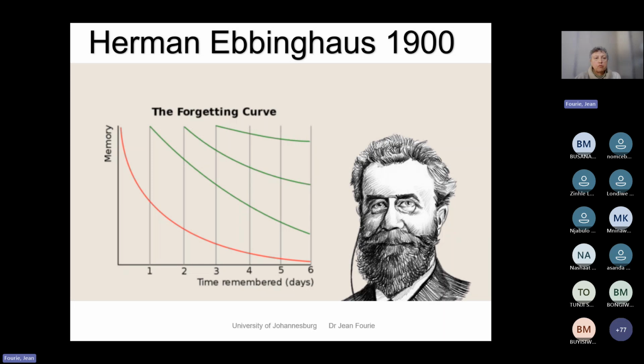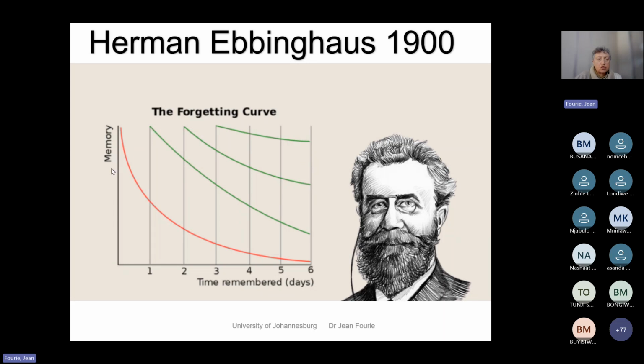So I'm going to give you the basis of his theory, and then we're going to have a look at some strategies that can be used in order to increase the amount of information that we remember.